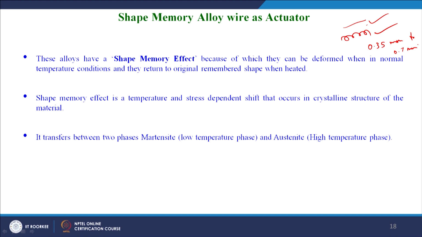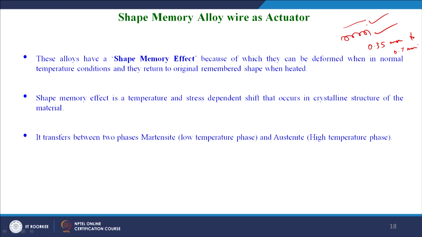These alloys have a shape memory effect, because of which they can be deformed at normal temperature and return to their original shape when heated. The shape memory effect is a temperature and stress dependent shift that occurs in the crystalline structure of the material.